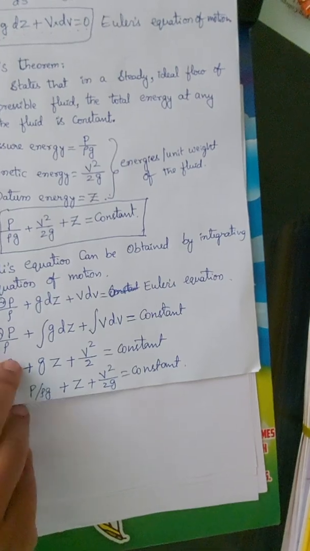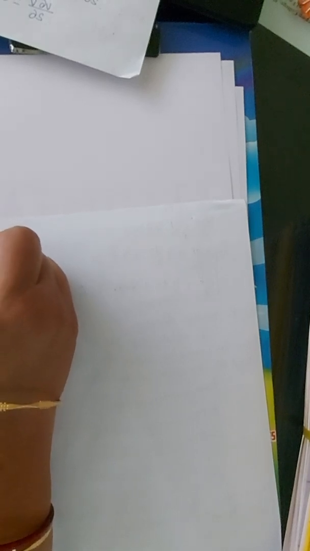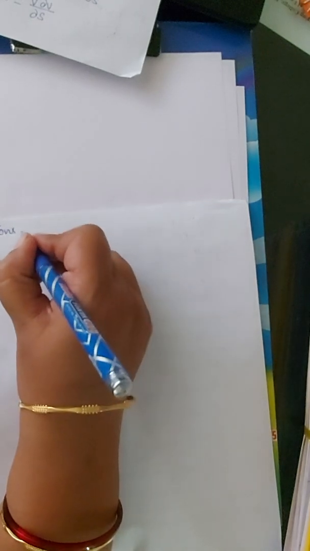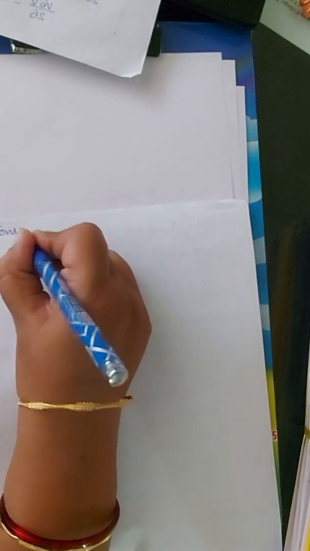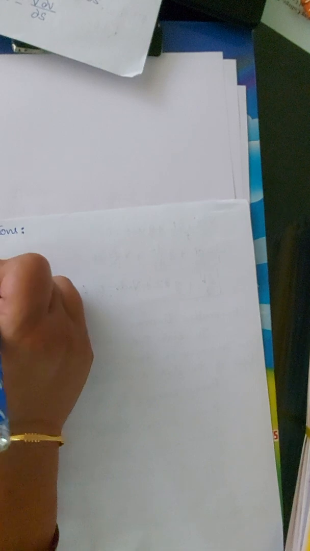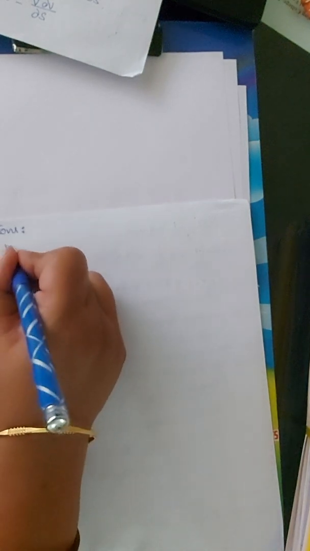Very simple. Now let us see what are the assumptions that we made while deriving this Bernoulli's equation. The very first one is that the fluid is ideal.